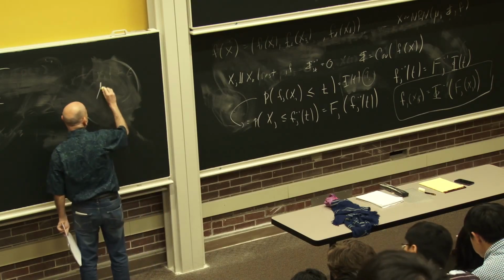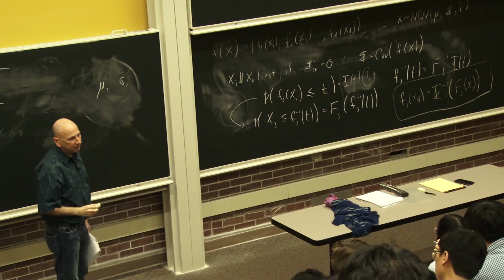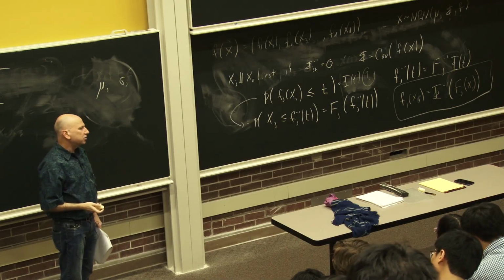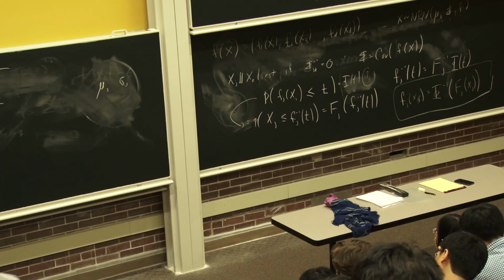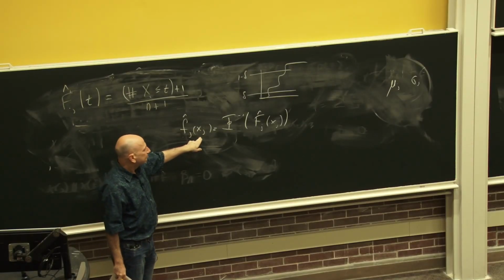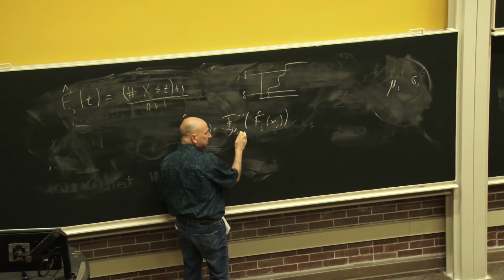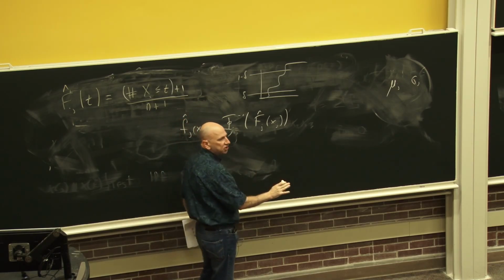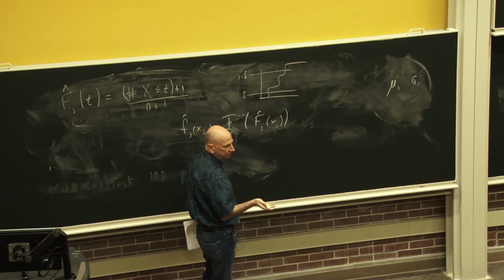It turns out I could allow a different mean and variance for each of the variables, but those are not identifiable parameters in the sense that I can always absorb them into the f. In other words, if I assume some mean and some variance, it doesn't change the conditional independence statements. They're invariant under that. And since all we care about is the conditional independence, we can arbitrarily pick mu to be 0 and sigma to be 1.